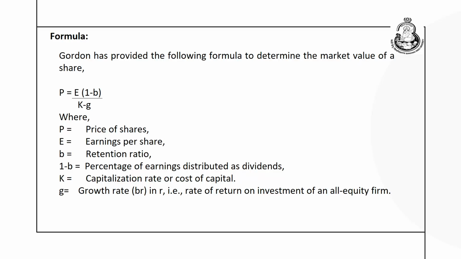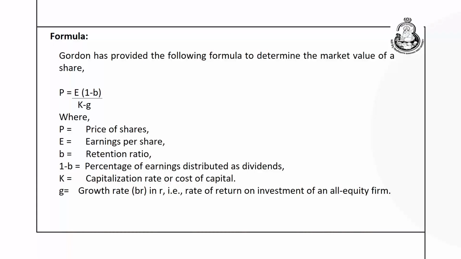So, 1 minus the retention ratio is nothing but the dividend paid to the shareholders, and the whole would be discounted using the two variables, that is k minus g. k here represents the cost of capital, whereas g is nothing but the growth rate of the company.